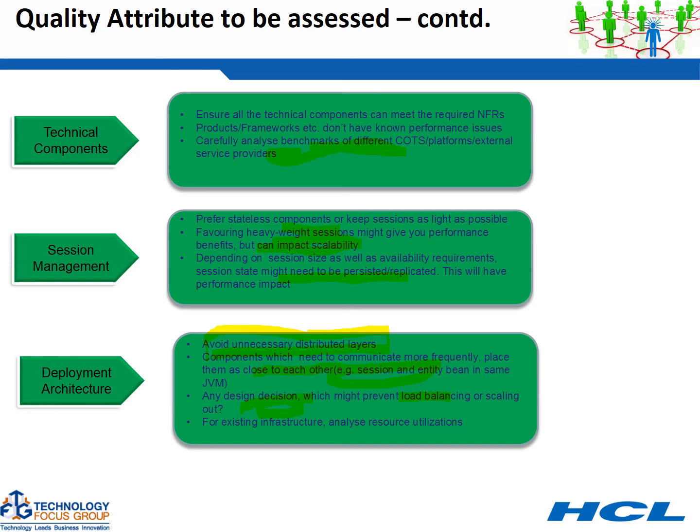Even if you scale your application to tens of instances, tens of cluster members, if your design is such that that particular piece runs only on one server, you will not be able to scale, because that critical piece cannot run on two servers. So keep that in mind if there are any such decisions. And if it's an existing infrastructure, an existing application you are assessing, always see what the resource utilizations are, memory, CPU, network, disk, etc., to see possible bottlenecks.